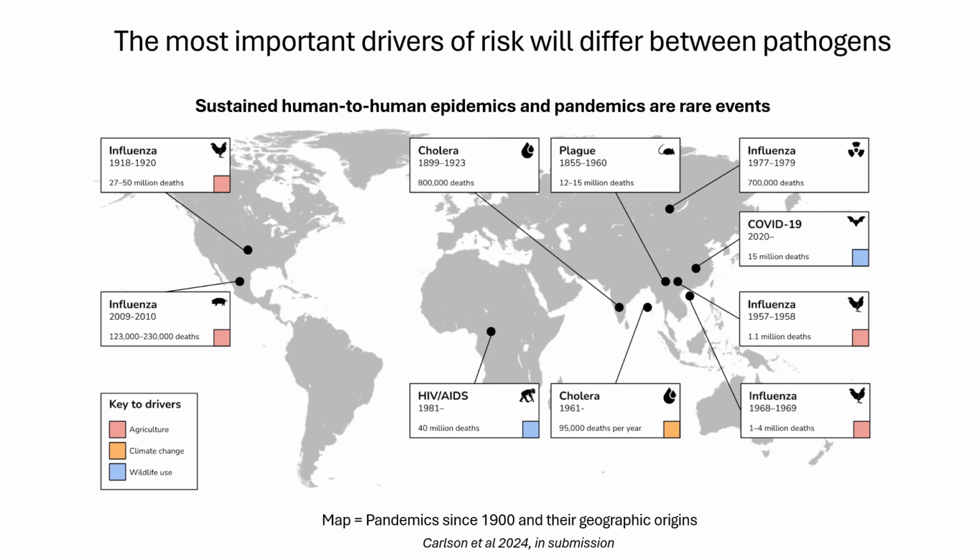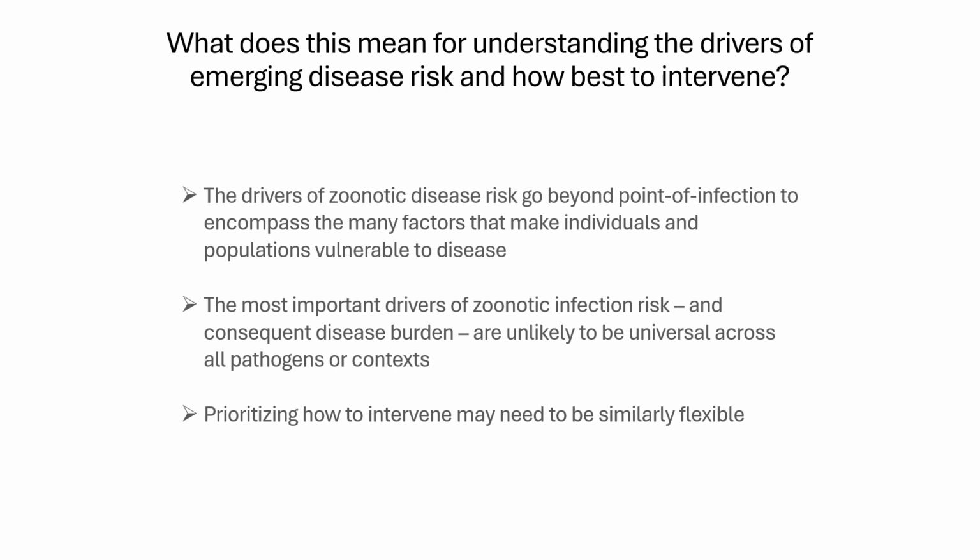So the factors that shape pandemic risk are a different set of processes than the factors that shape spillover risk. So what does this mean in terms of understanding the drivers of emerging disease risk and how best to intervene?